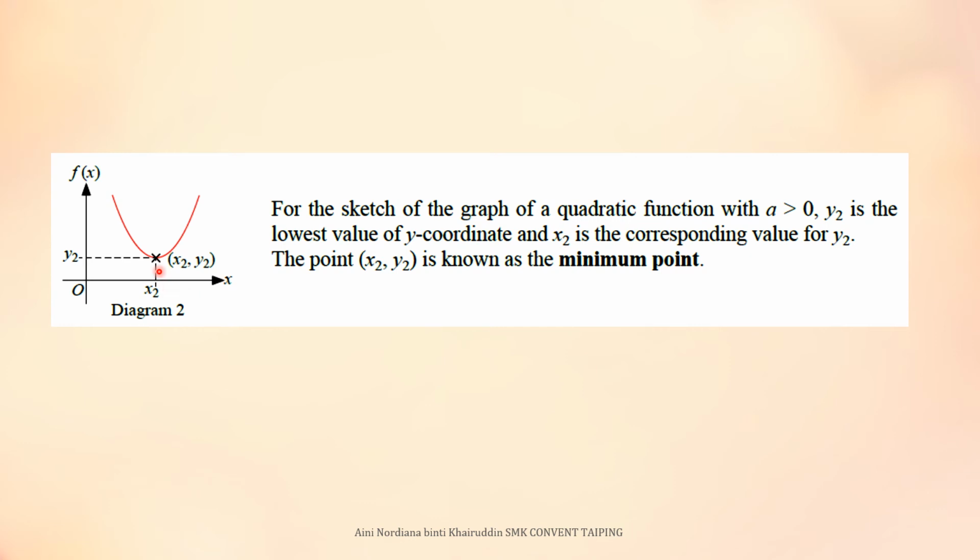So, there are two things you have to remember: for a sad-shaped graph, the value of a less than 0, we have the maximum point, while for a greater than 0, smile-shaped graph, we have a minimum point.